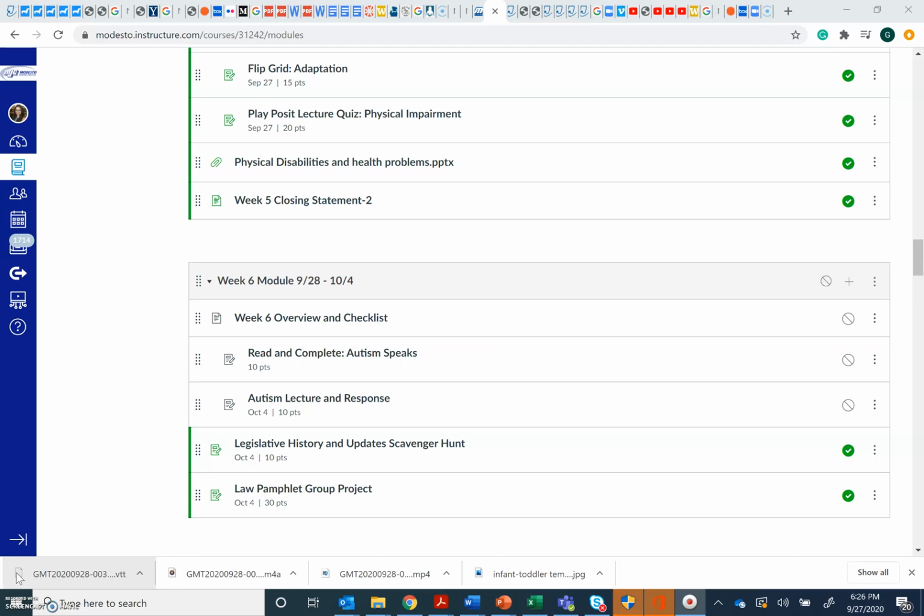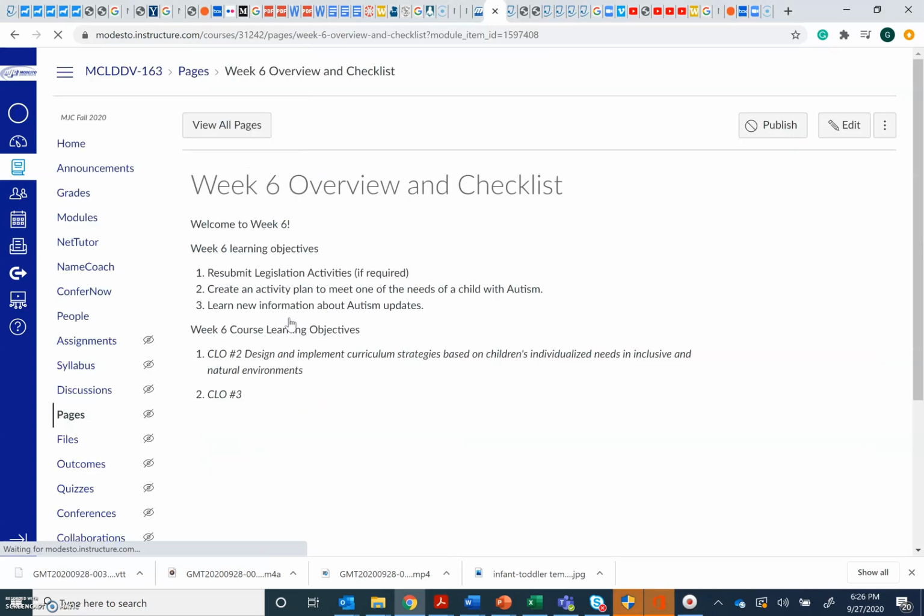The reason I cut those two activities out is because I'm going to give students an opportunity to redo a couple of assignments that we had some pretty big issues with over the last couple weeks. So for everyone, I'm going to show you what's due on the 4th. And then for people who are needing to redo these activities, I'm going to give you instructions on that separately. So let's start with our overview and checklist.